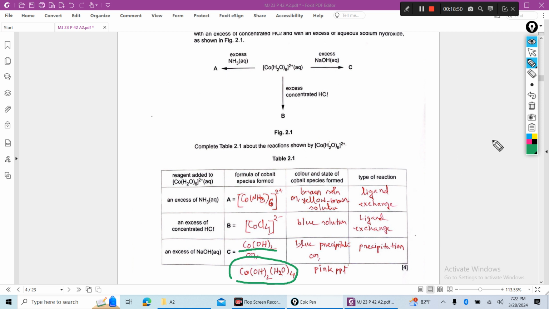Cobalt 2 hydroxide is a precipitate. This is a blue precipitate, or you can write pink precipitate. As a precipitate is formed, the reaction type is a precipitation reaction.